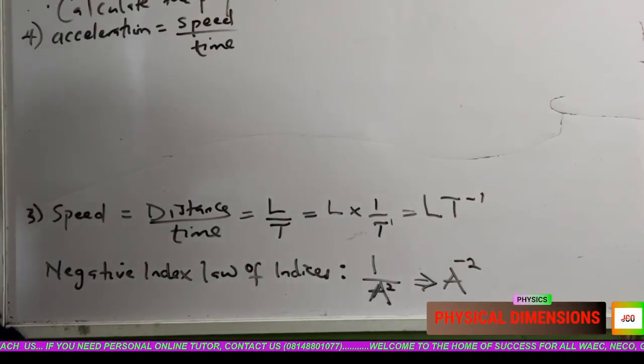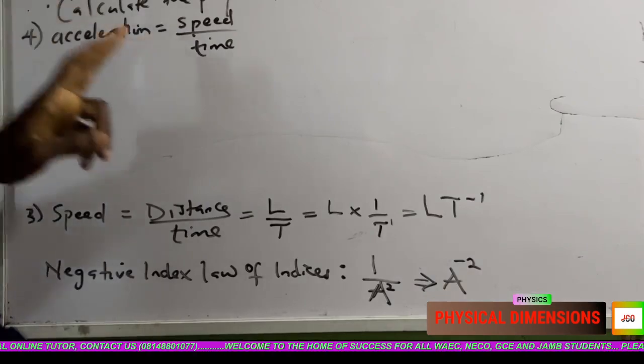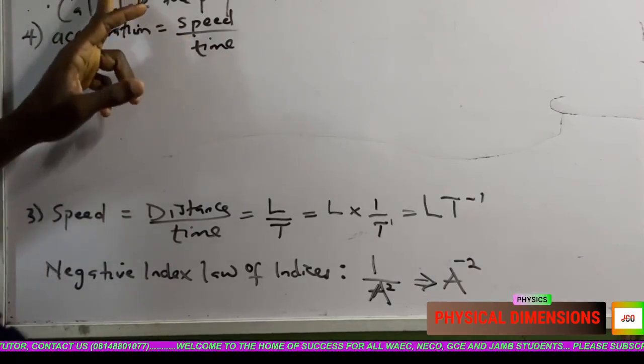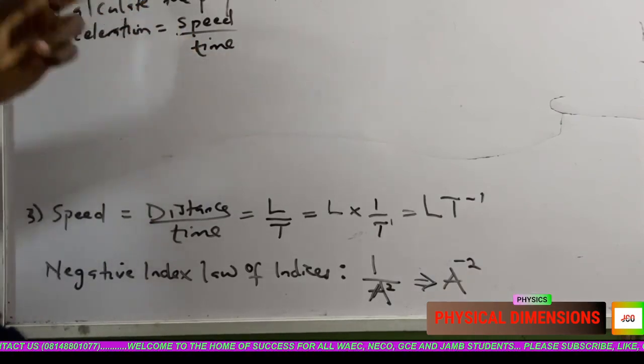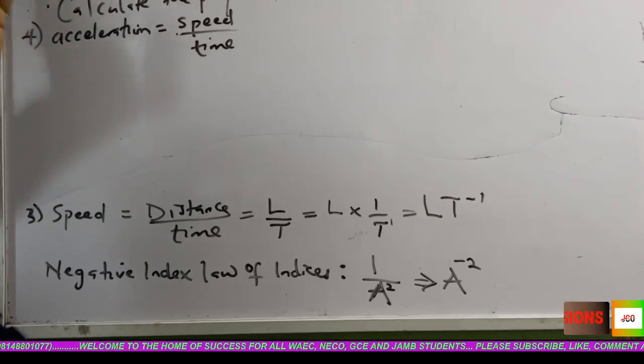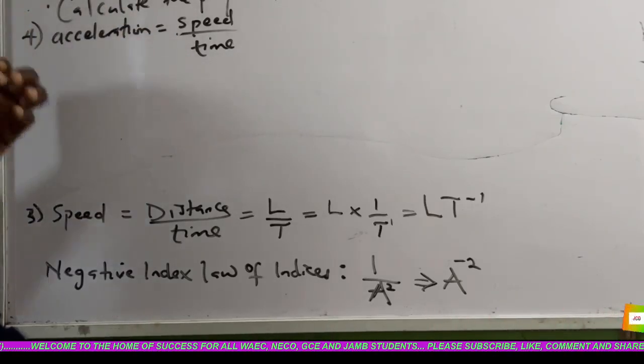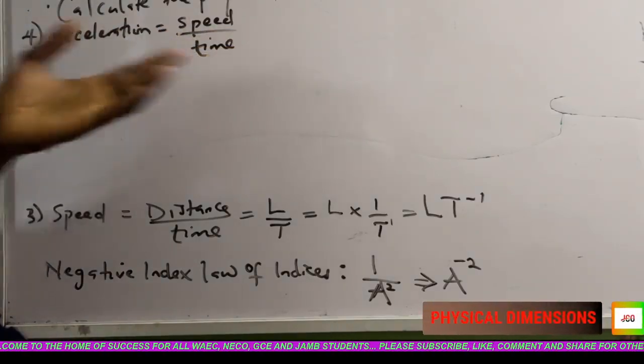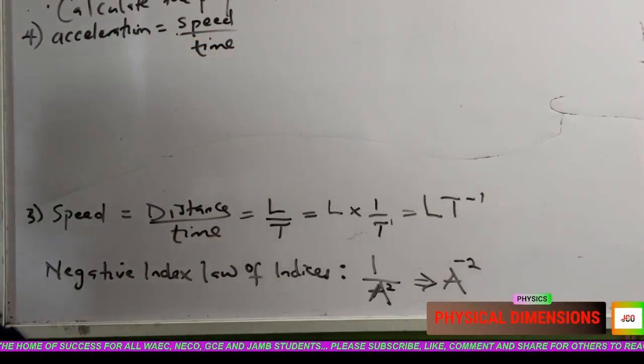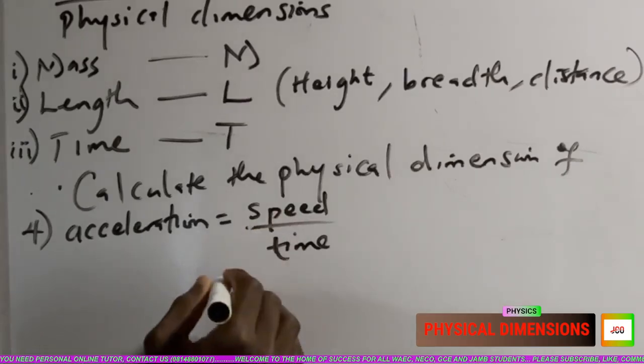Now speed over time, if you look at your quantity, time is already one of the physical dimensions. Speed is not one of them. So because speed is not, we are going to break down speed by putting in the formula of speed. Now what is speed?